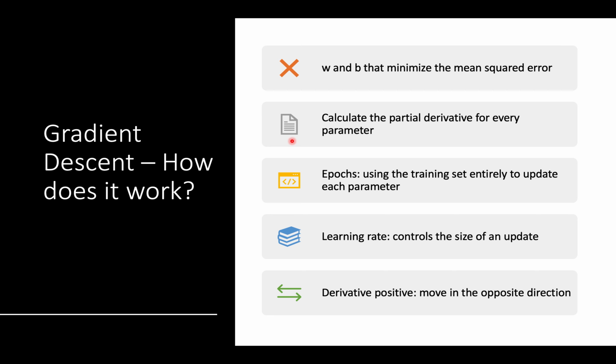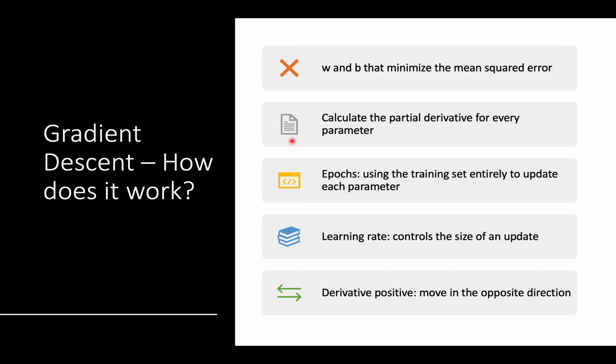So we calculate the derivative for w and b. How we do that is probably out of the scope of this class; you should already know how to calculate derivatives.